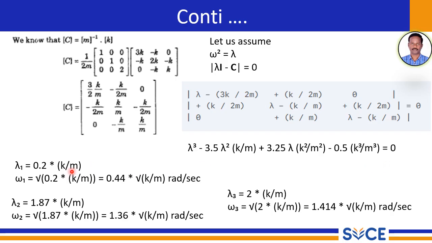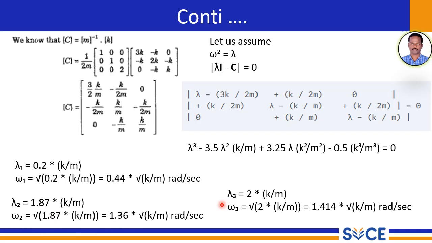As you can see here, the slide provides the value of the roots: lambda 1 is 0.2 k by m. Then we substitute omega square equal to lambda, and we get omega 1 equal to 0.44 root of k by m. In a similar fashion, we can get the lambda 2 value, substitute, and get the natural frequency omega 2.